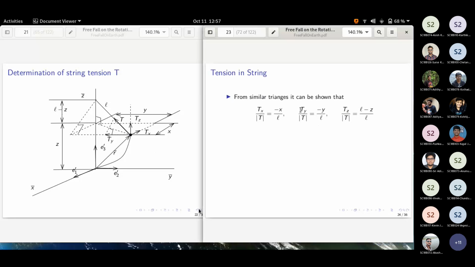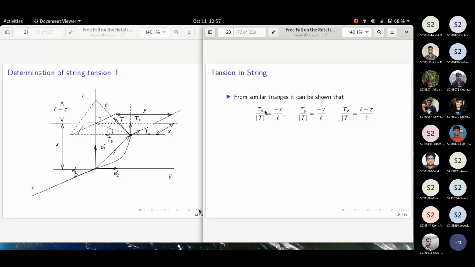Ty divided by the modulus of T is equal to the length available in the y coordinate, that is, how far it has moved in the y coordinate, minus y, over the overall length L.